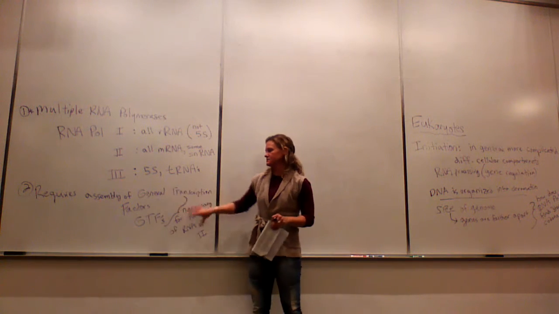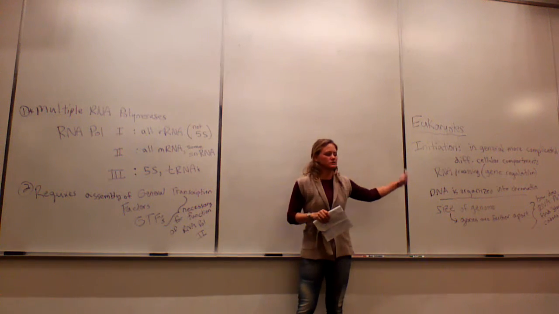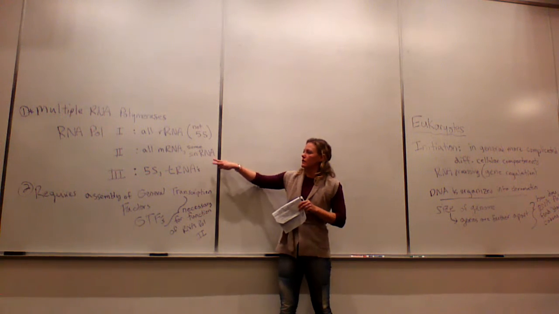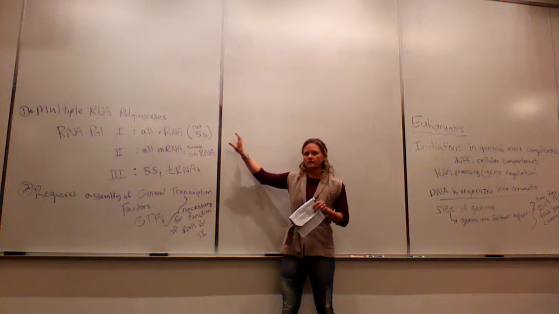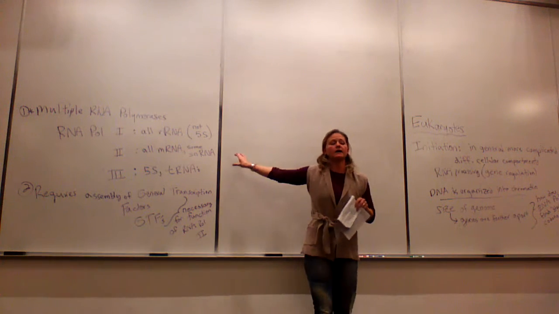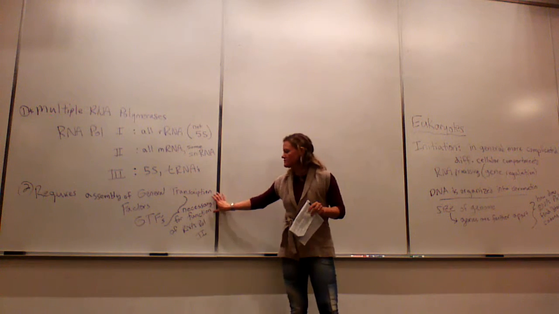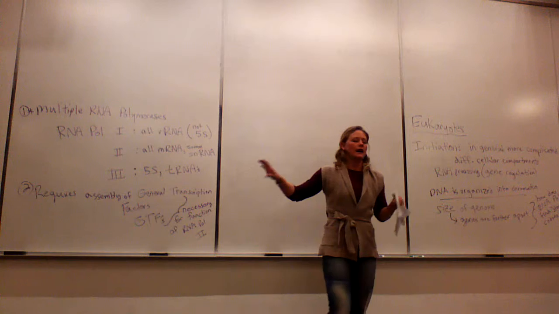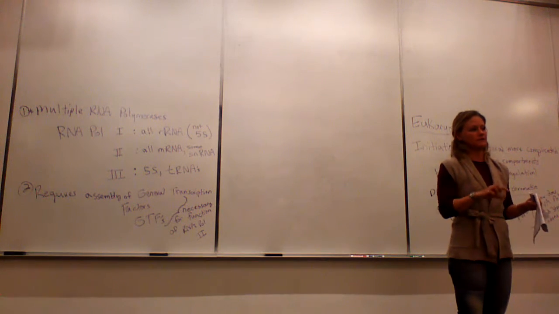But the big concept here is to deal with the fact that we have a giant genome, and we're trying to find start codons in the middle of this haystack. We make it more efficient by having multiple RNA polymerases for specific jobs, and they tend to hang around in certain parts of the genome where they're needed. And then you also have this assembly, which ensures that everybody's in the right place, that you didn't accidentally find what you think is a start codon but isn't actually the needle in that haystack.